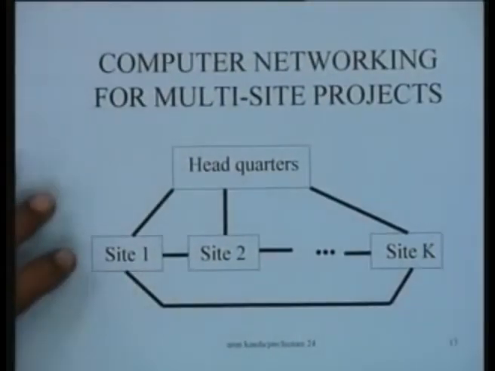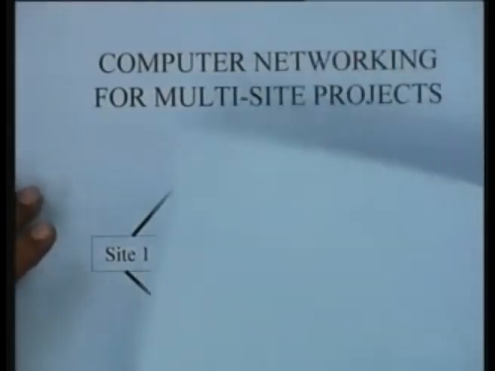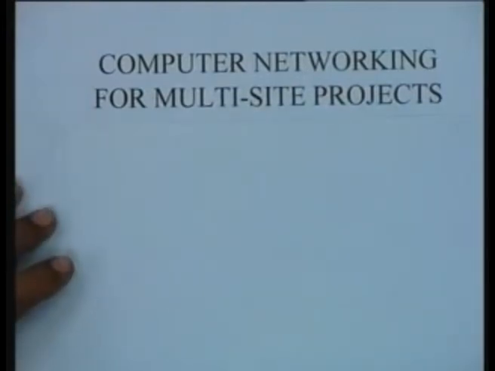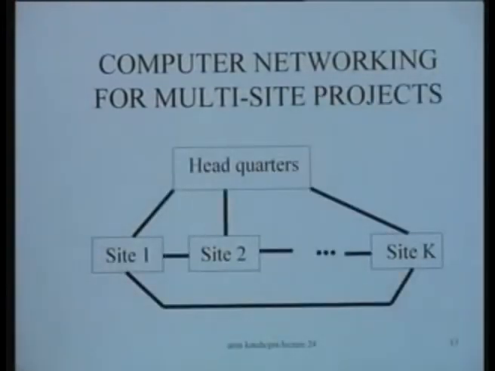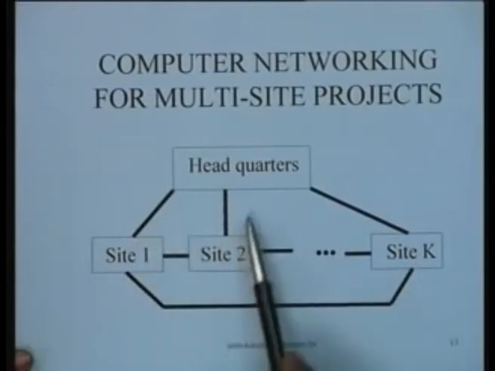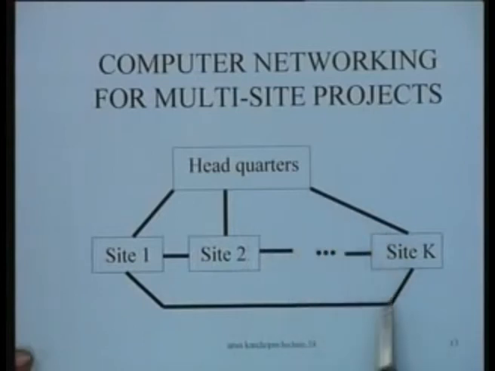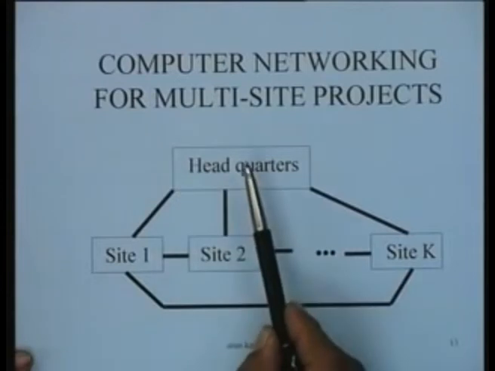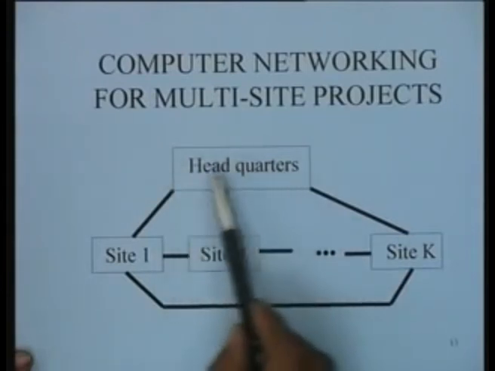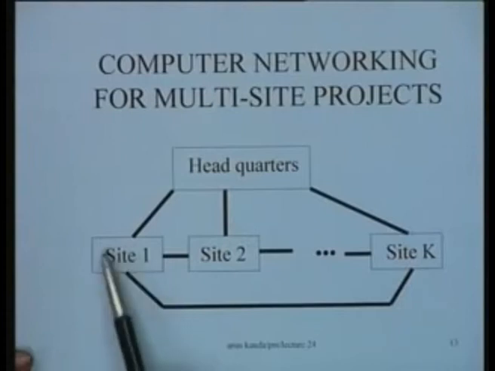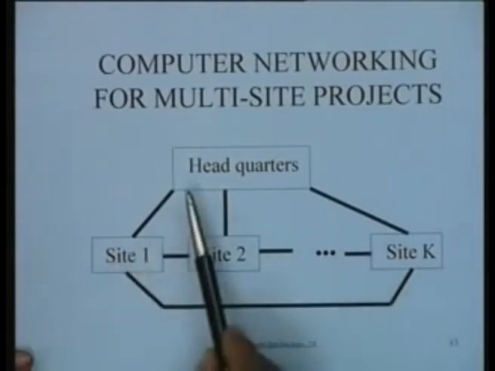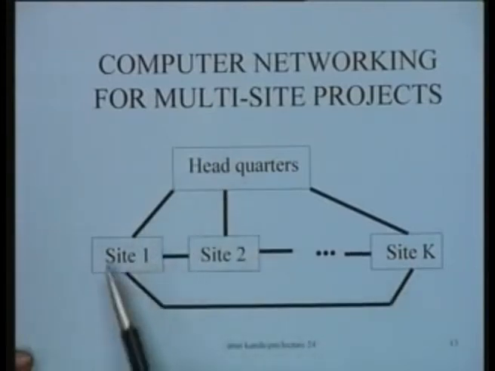But another important thing that is happening in terms of the recent trends is this kind of computer networking for multi-site projects. You see, most projects are invariably done at different sites. First site, second site, and site K. And because of computer networking, all these things are connected on a computer network. So really speaking, the kind of thing that I was referring to, that some project planning is being done here, and these projects are either independently developing plans and so on and communicating and then ultimately getting the whole information.